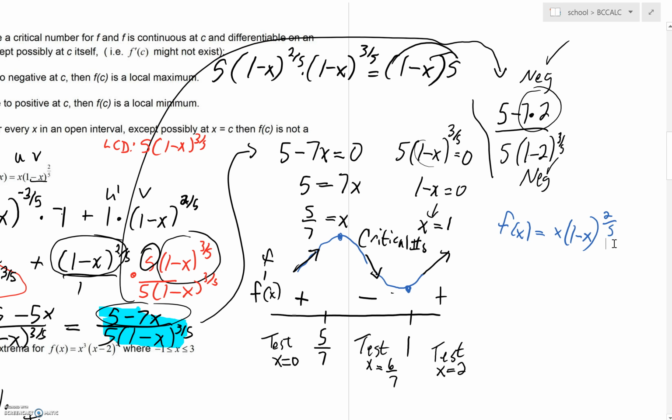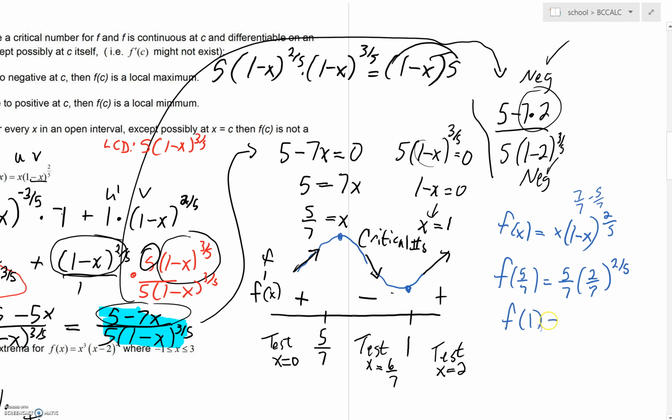What I'd like to do is plug in 5/7 to find out what my y value is. So I'd have 5/7, 1 minus 5/7. Well, 7/7 minus 5/7 is 2/7. Look at that. Maybe not the prettiest looking y value. We've got that. 5/7 times 2/7 to the 2/5.